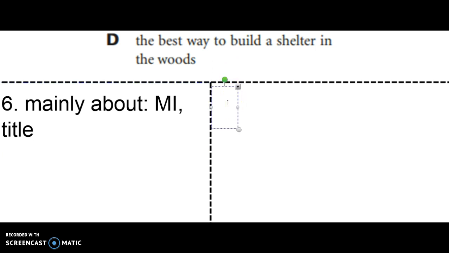Then I'm going to go on the right-hand side of my foldable, and I'm going to try to think about the answer and how I know. So before I even look at the choices, I know that my answer has to include making a fire. So I'm just going to write the word fire.